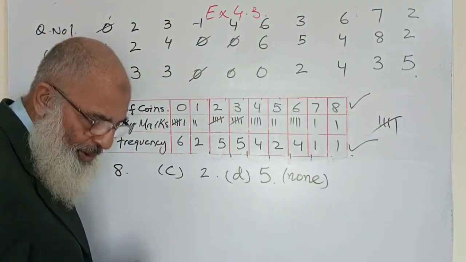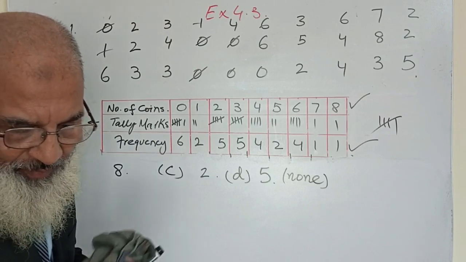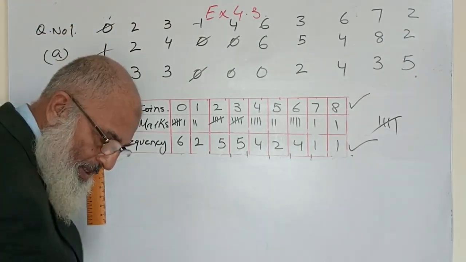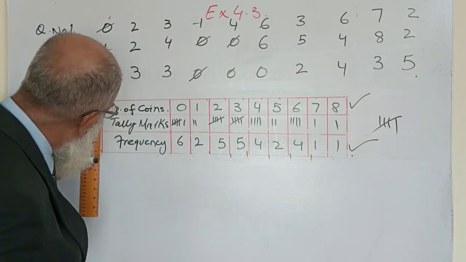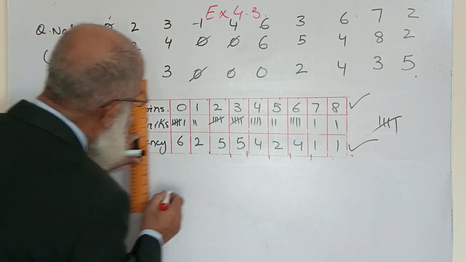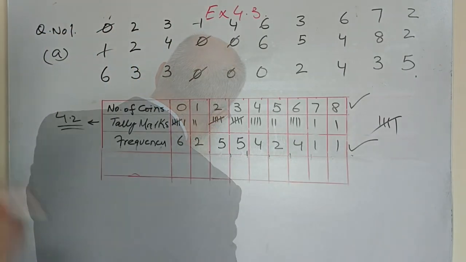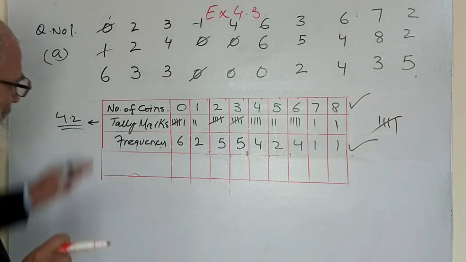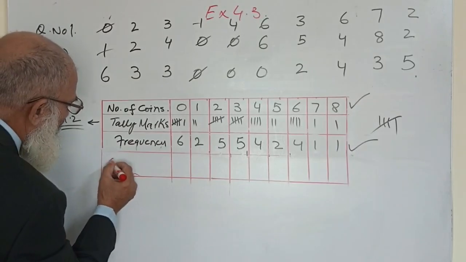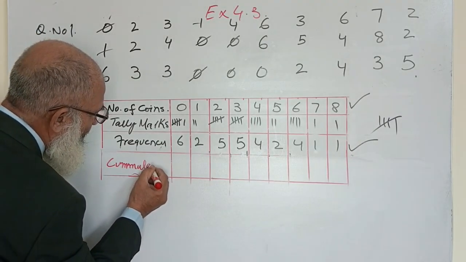Now, how could you show this on the frequency table is very simple. Just as I told you. How could I display it on the table? It is very easy to display it on the table. We'll just extend the table, as I told you that we can extend the table, and we'll write the cumulative frequency.